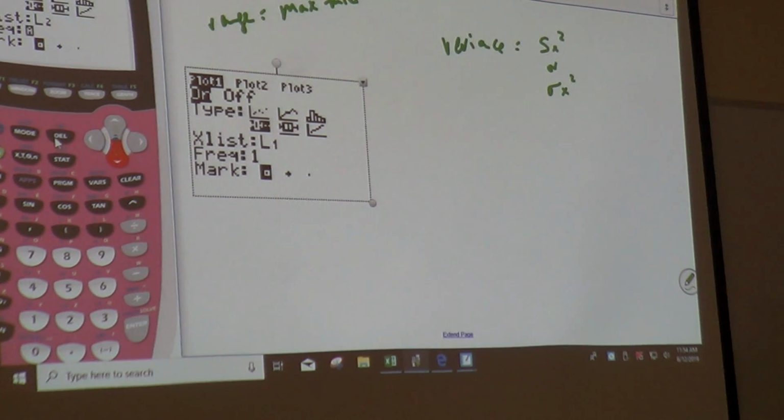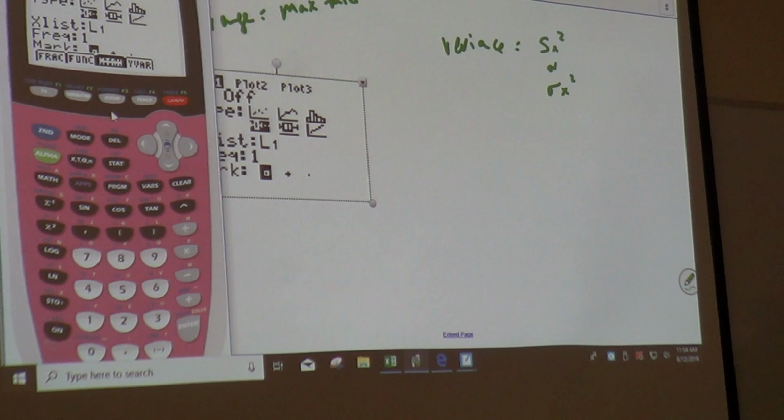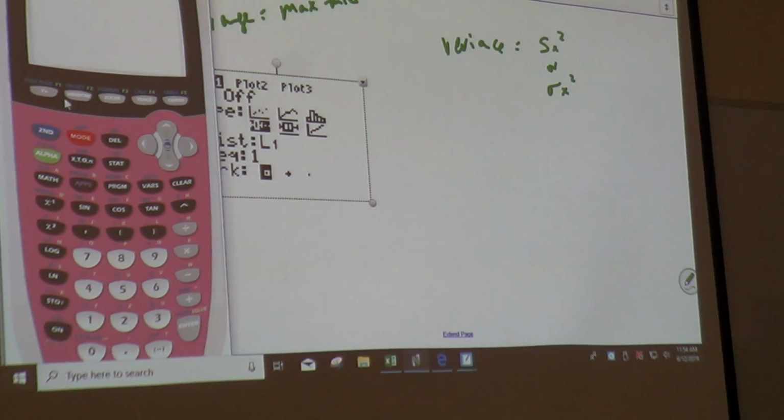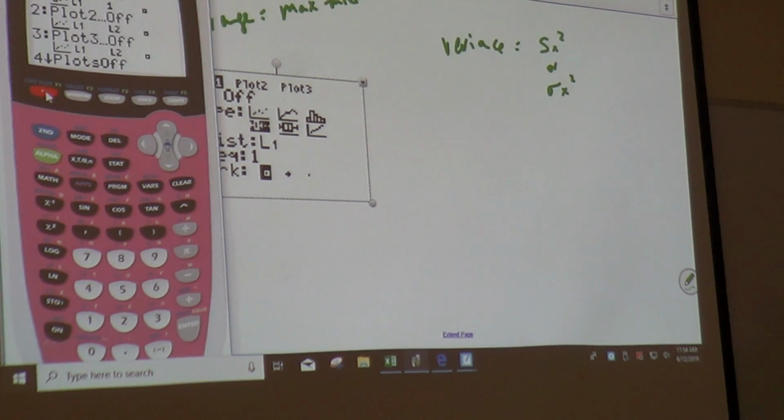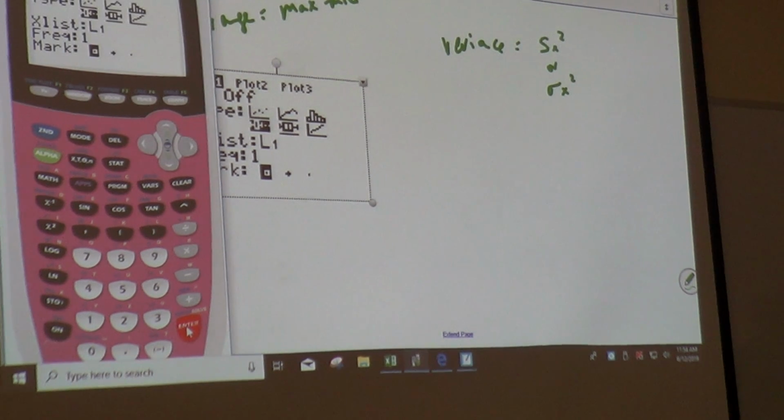It's still saying L2. 1, 2, 3, 4, 5, 6, 7, 8, 9, 10. Enter. Zoom 9. Why is it not liking me? Step 1. Oh.